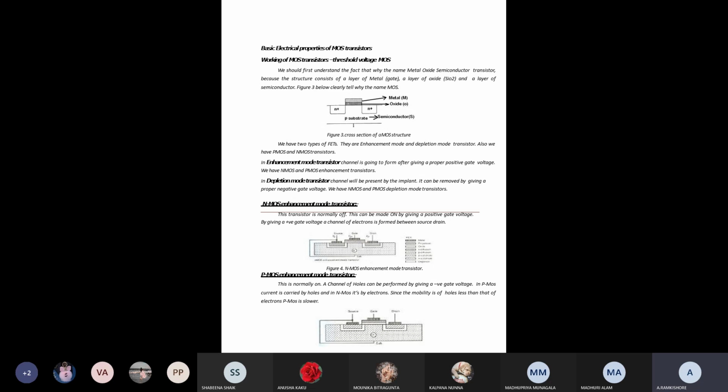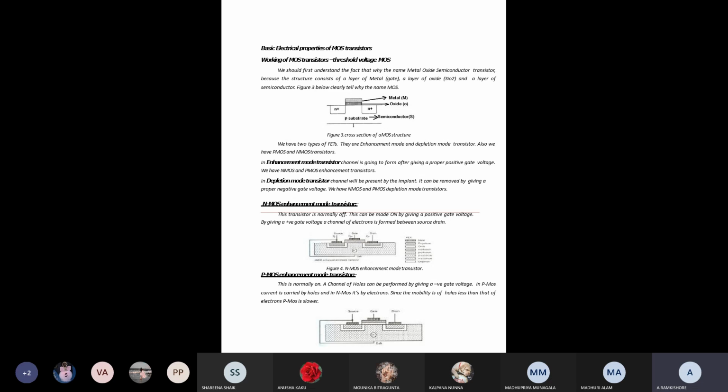Here we have mainly two types of MOS transistors, the NMOS and the PMOS transistor, and these two transistors are operated in different modes, the enhancement mode and the depletion mode. In an enhancement mode transistor, the channel forms after applying a proper positive gate voltage.